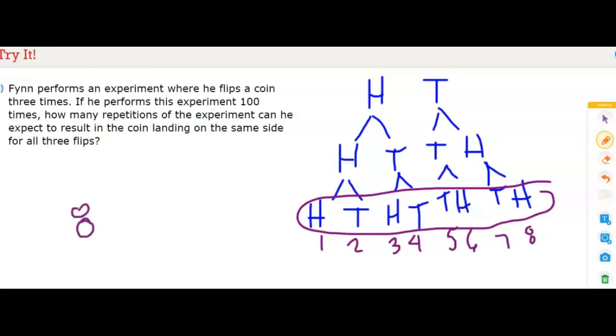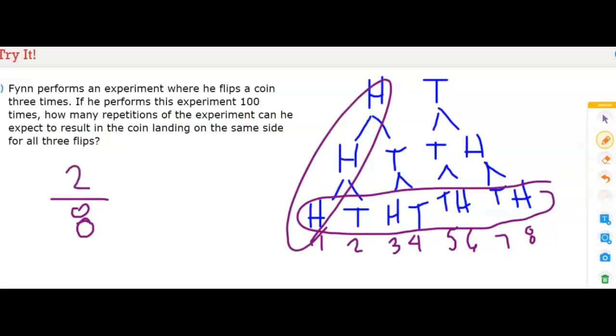So our denominator for our probability will be 8 possible outcomes, and then our numerator would be only for the 3 flips that result in the same side. That would only be if it landed on all heads or all tails.